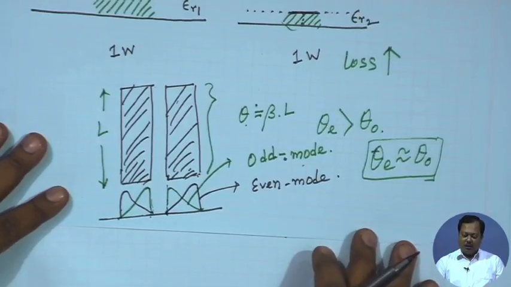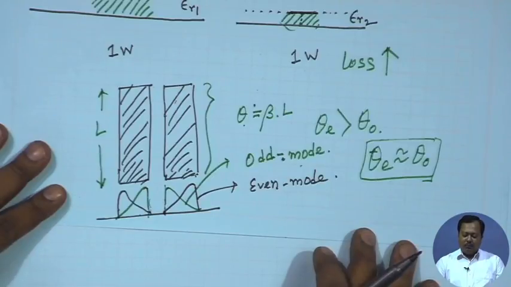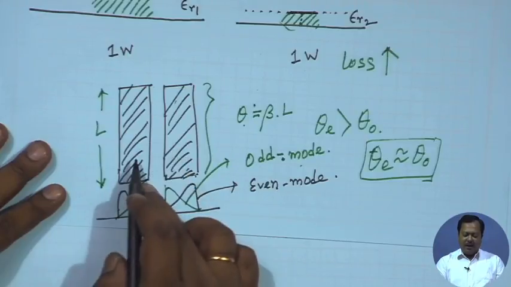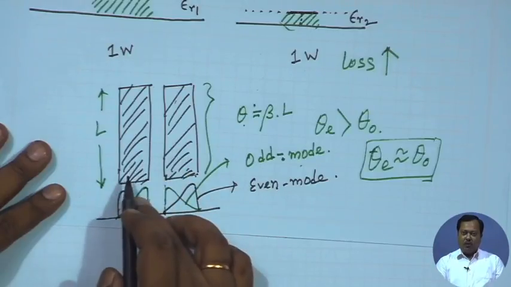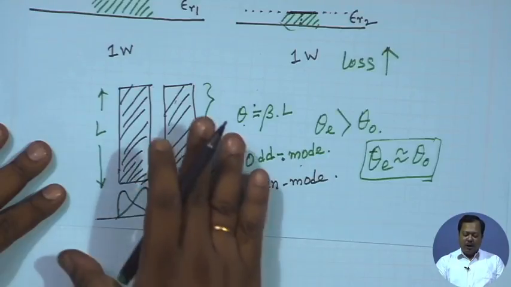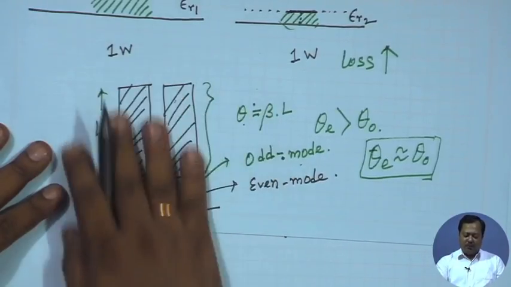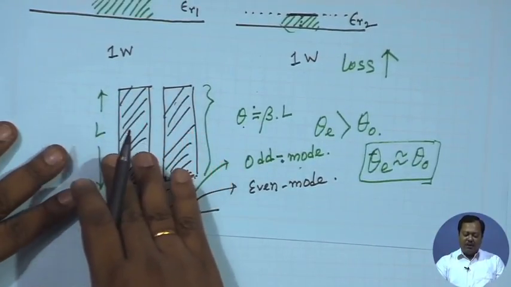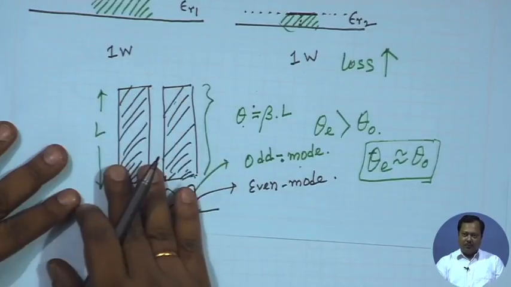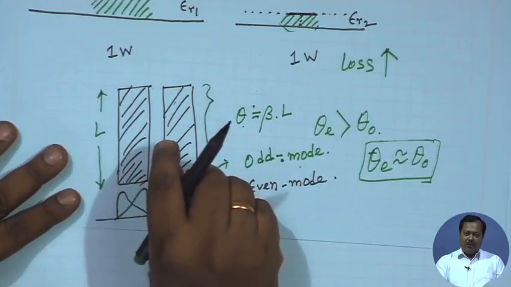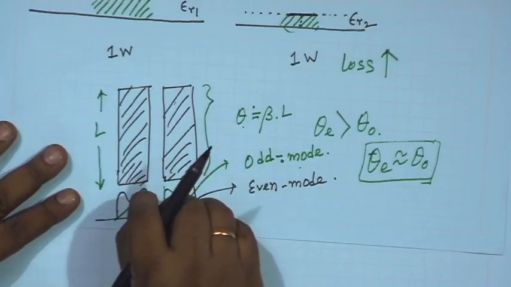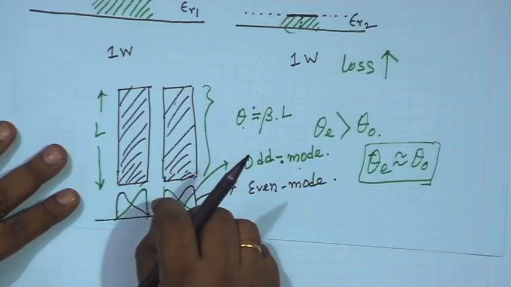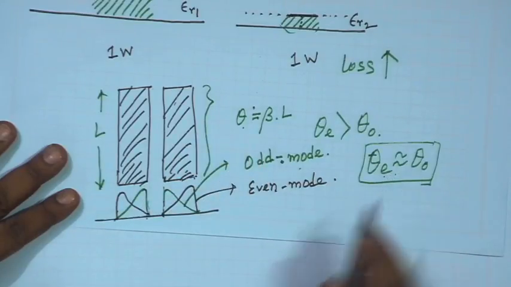How can we do it? There are many ways. One of them, noting that the electric field inside air is more in the odd mode configuration, is to use some dielectric overlay on this strip, so that in even mode there will be some field inside this overlay. Depending on the dielectric constant of that overlay, we have to control the thickness by using any full wave simulator, so that theta E becomes equal to theta O.